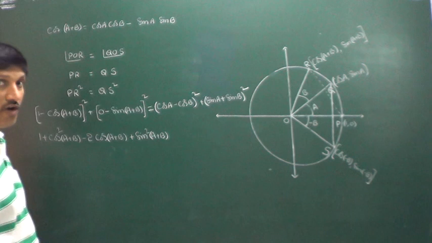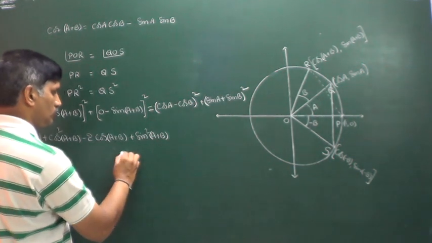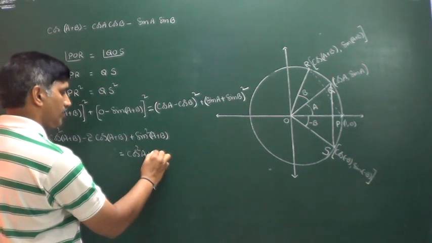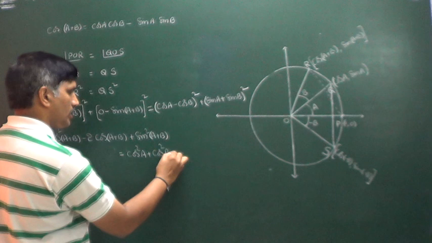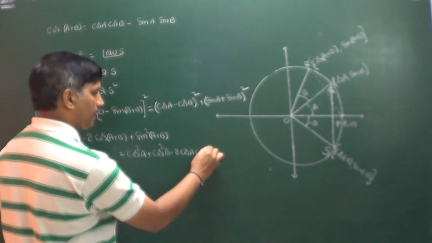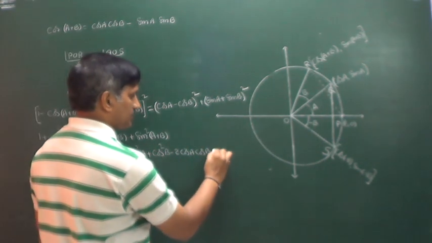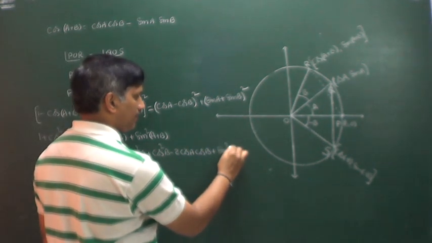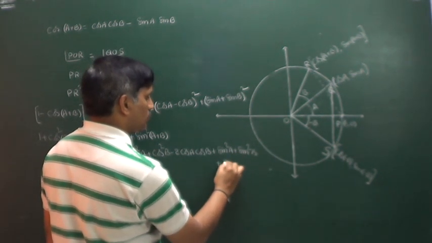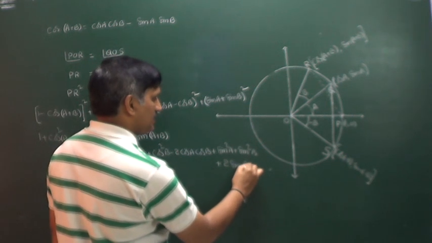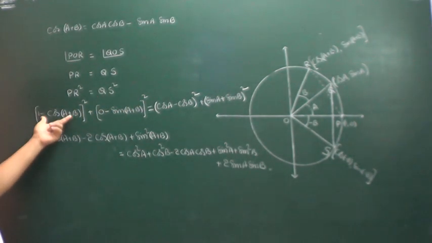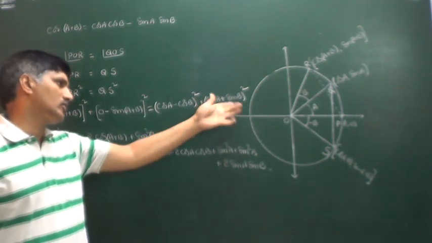That is the simplification of the left hand side. The right hand side simplification is cos square A plus cos square B minus 2 cos A cos B, plus sin square A plus sin square B plus 2 times sin A sin B. Here I applied the (A minus B) whole square formula, and here also the same.